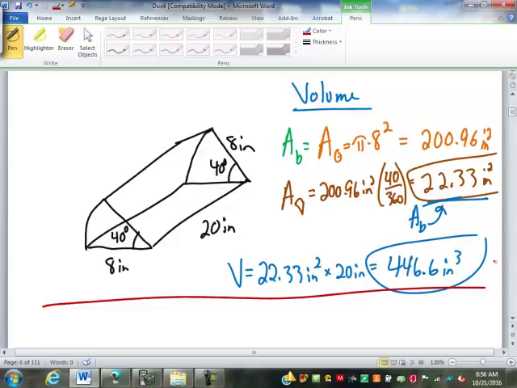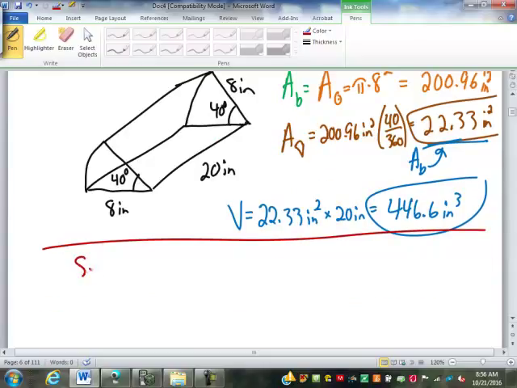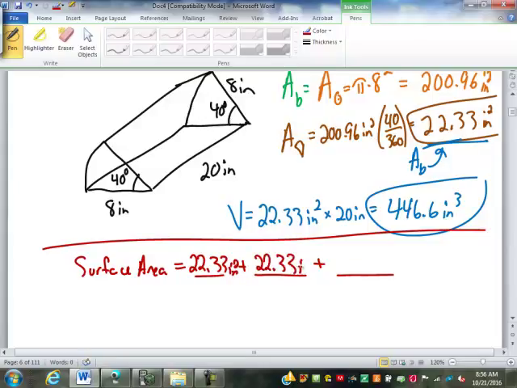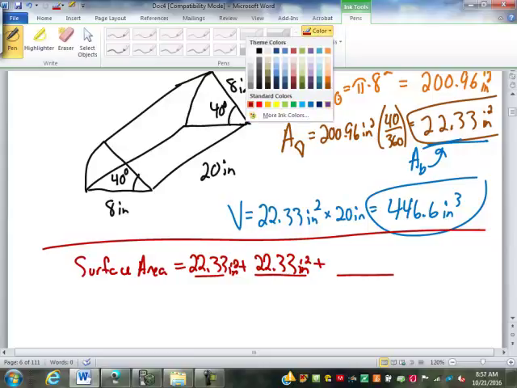So then, surface area. What do I have to add together? 22.33 plus 22.33 plus my lateral area. How do I find my lateral area?